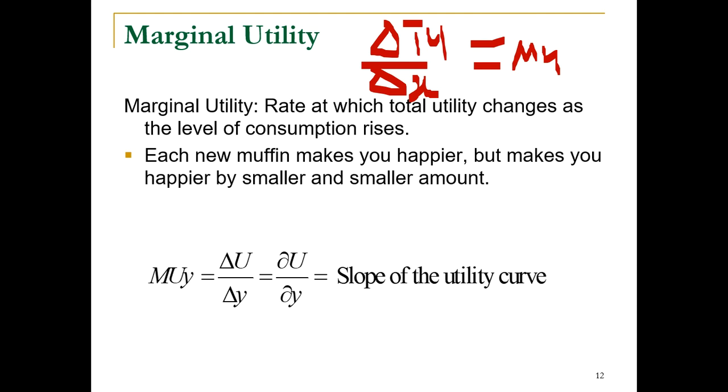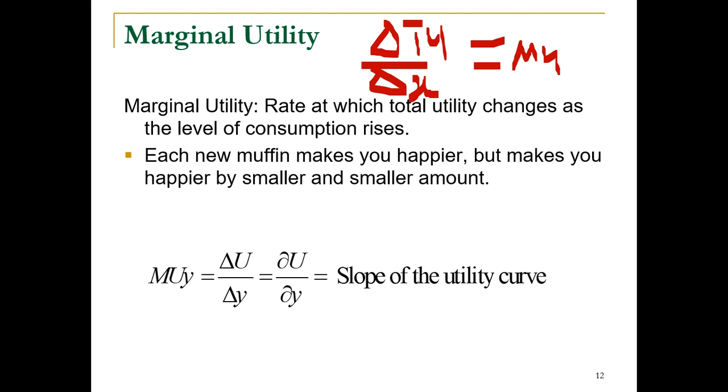The marginal utility of consuming an extra unit of good Y is equal to the change in total utility per change in Y, which is just the derivative of the utility function with respect to Y.